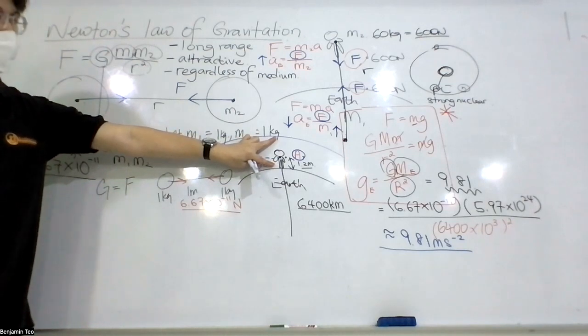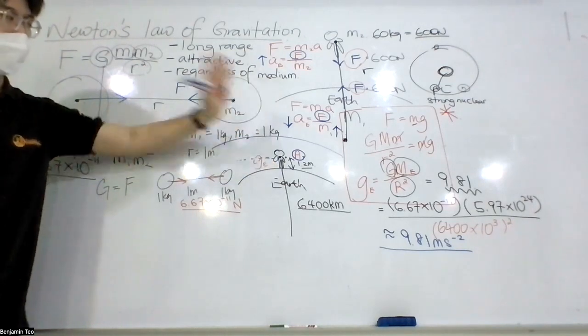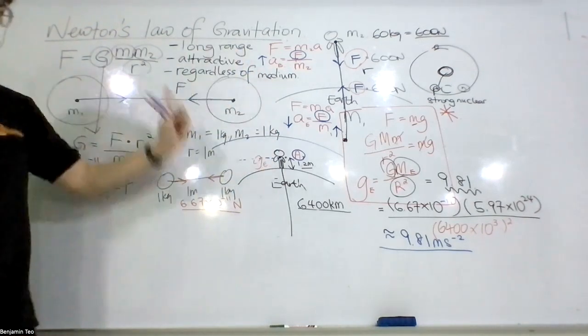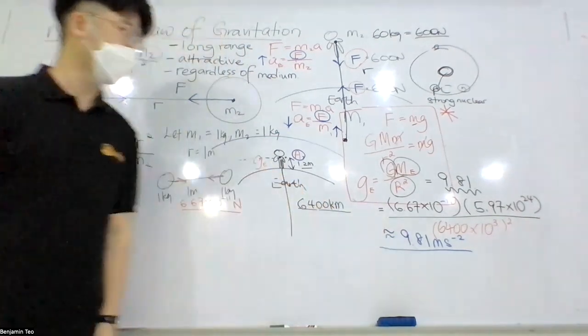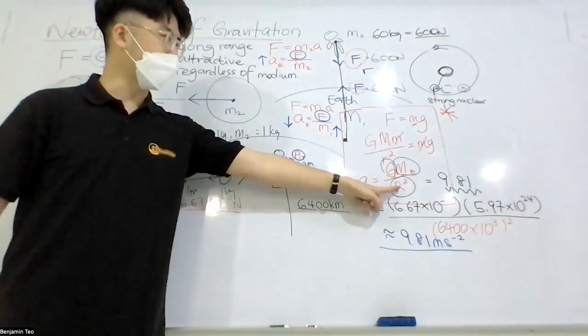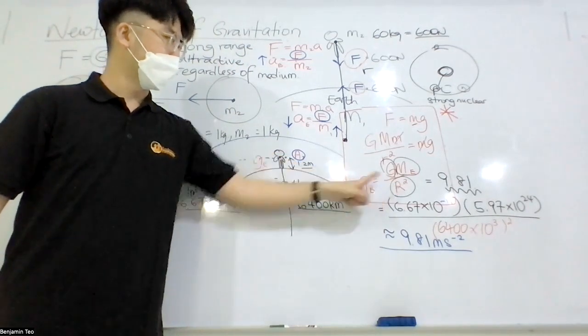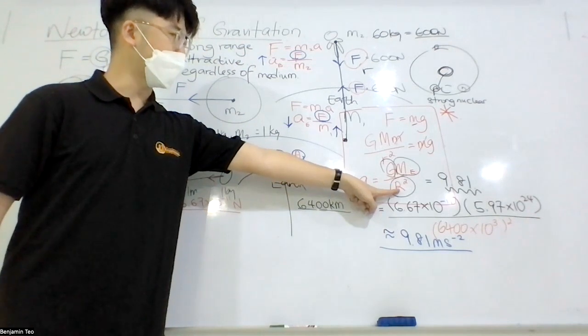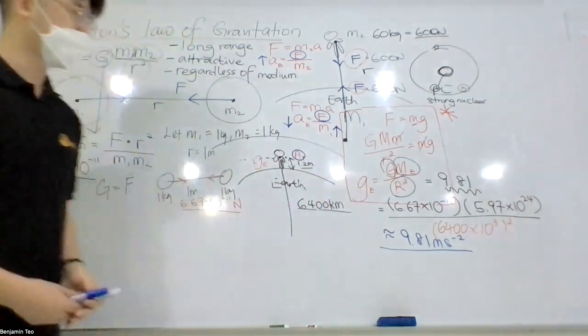How close to the Earth and how far should it be to have an effect on this one? Again, you can see from the formula, right? When this one increases, this one is going to drop. How much must this one increase before this one starts dropping?